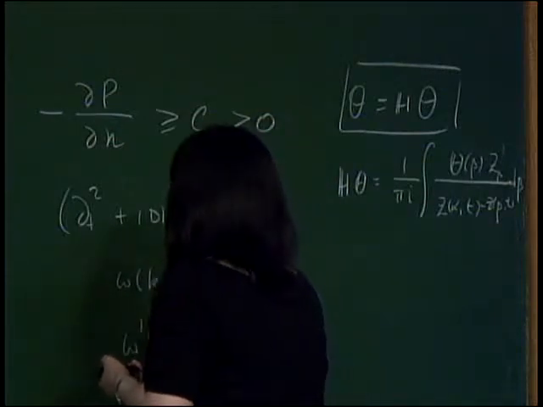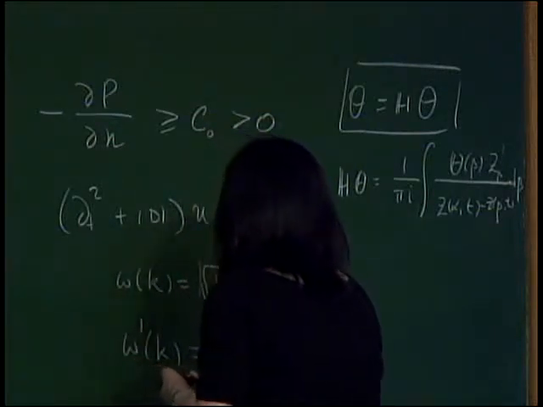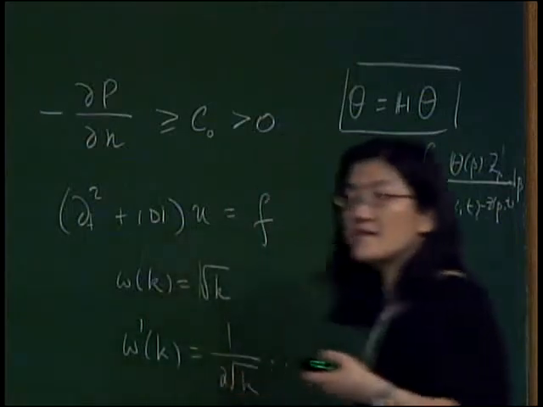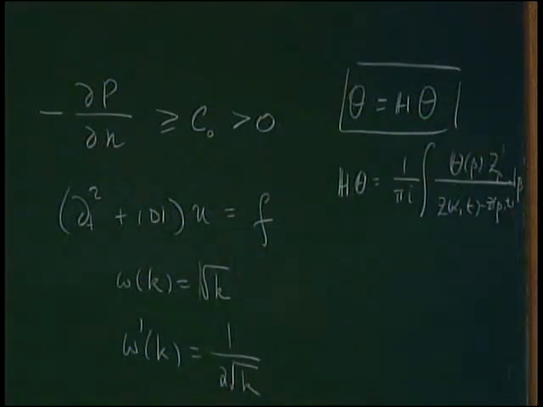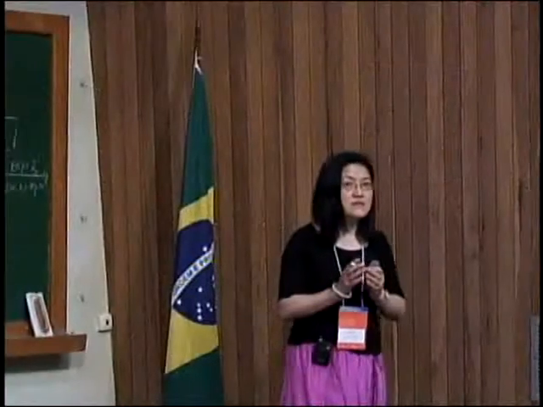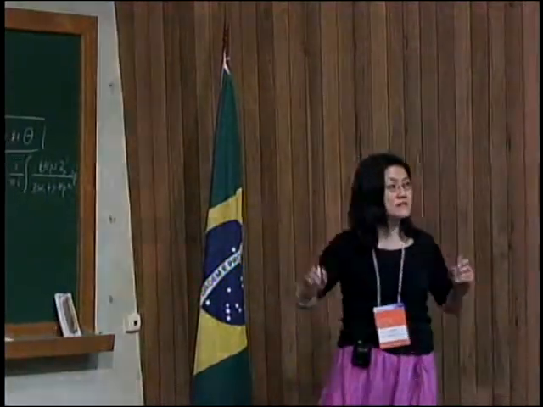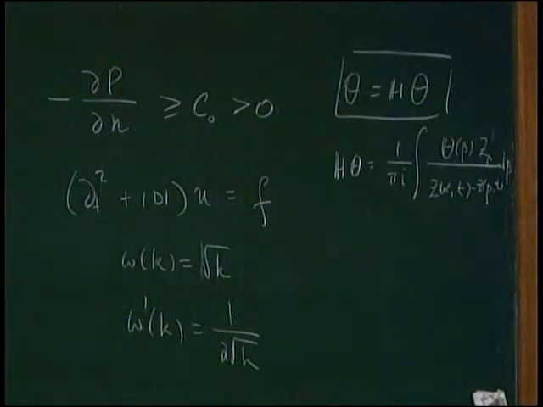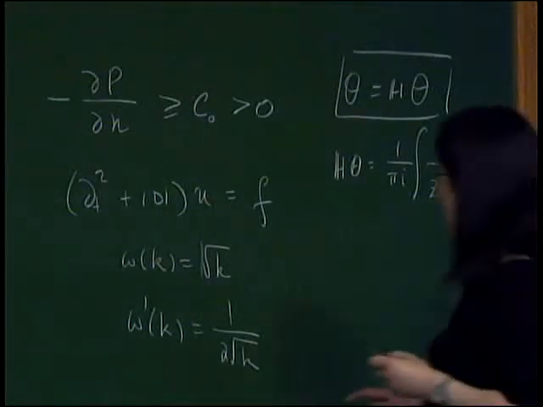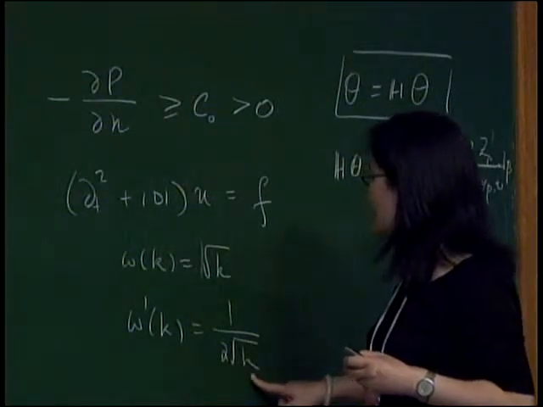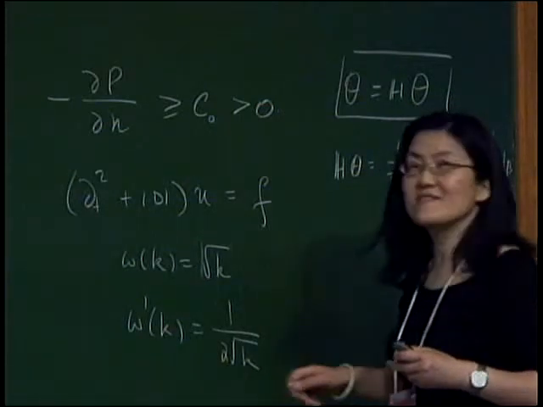So the group velocity will be like 1 over square root of k. So the larger frequency wave will stay, and the smaller frequency will just, which one will stay? The small, so k is the frequency, right? So if k is smaller, then the group velocity is larger, so it will go out.